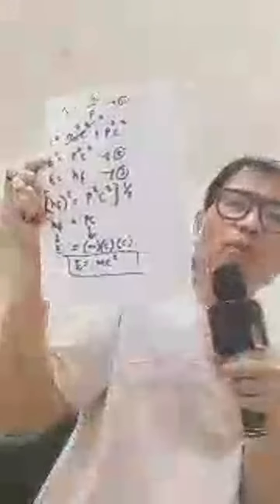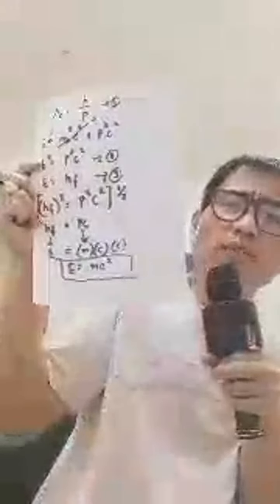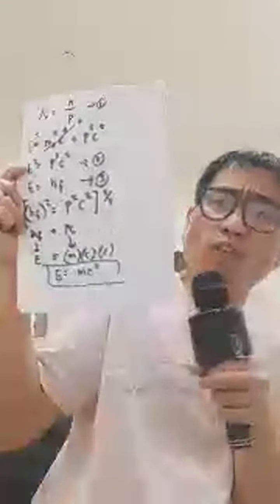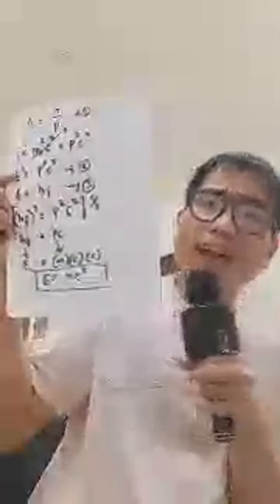So this will now equal E is equal to mc squared, the equation Albert Einstein arrived at. So it will become E is equal to mc squared, the general equation of the theory of relativity discovered by Albert Einstein.